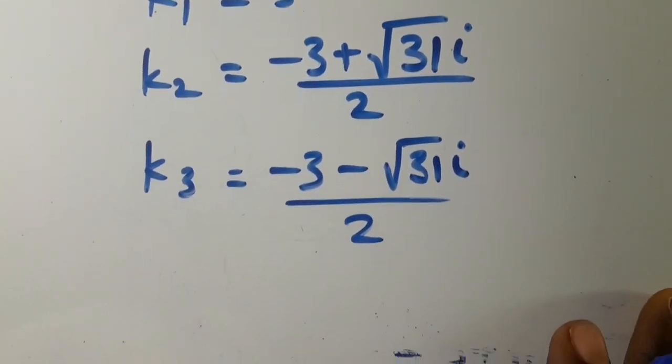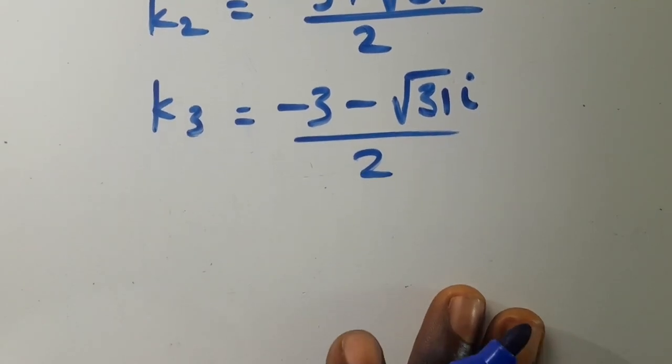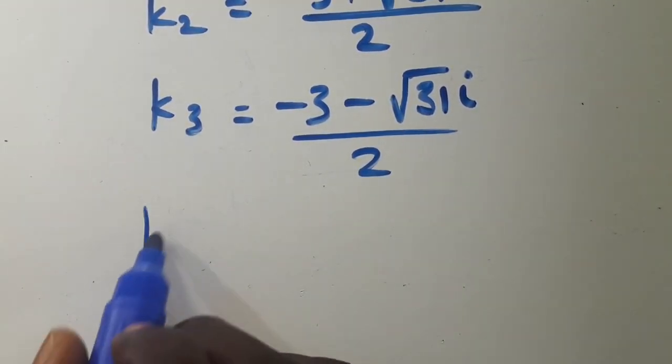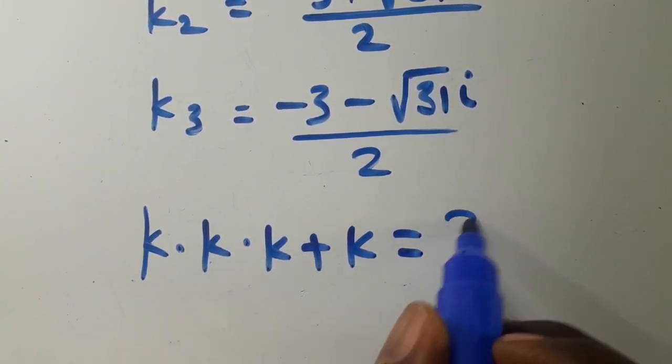We can test the real solution and see if the left and right hand sides of the problem are equal. We have k·k·k plus k giving 30.